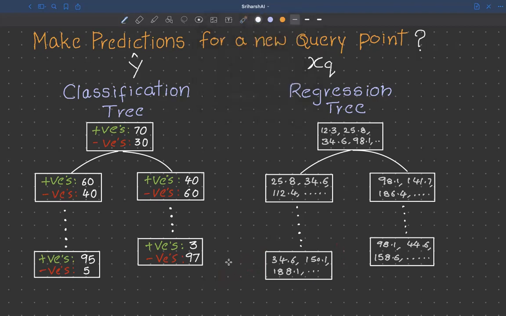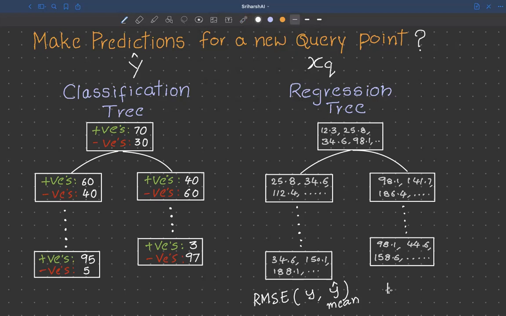Let's say we compute the root mean squared error between y and y hat, that is, the original value and the predicted value. Let's say this y hat is computed using the mean, so I'll call it y hat using mean.